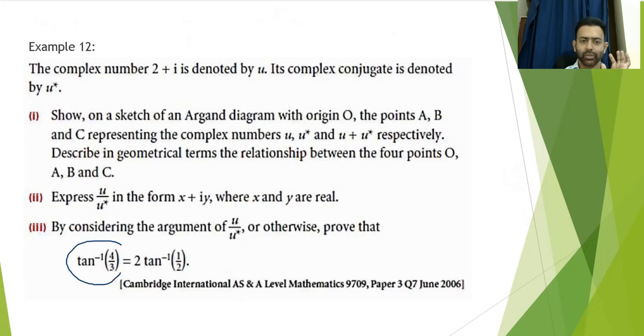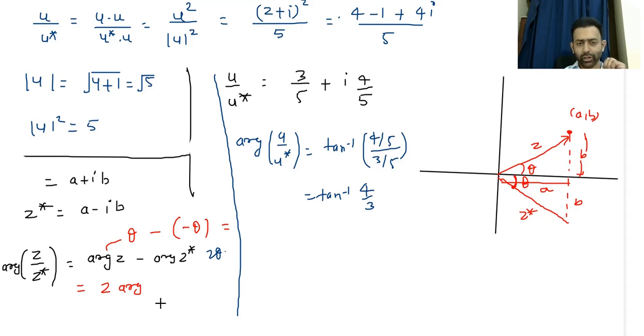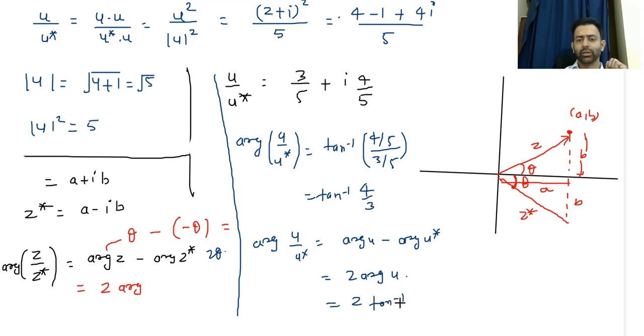So tan inverse 4 by 3 is the argument of u by u conjugate. According to this rule, argument of u by u conjugate is argument of u minus argument of u conjugate, which is twice argument of u. So argument of u is tan inverse, imaginary part is 1 and real part is 2, so it is tan inverse 1 by 2.